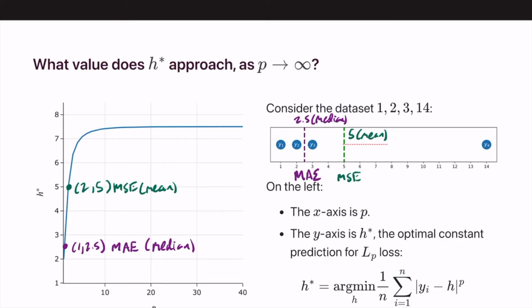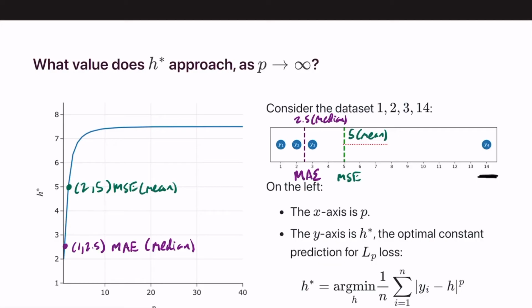So the intuition here is, as I add more and more p's, I get closer and closer to 14, right? That's maybe the intuition, because as we increase p, and you even see from this chart right here, we do tend to get closer to 14.